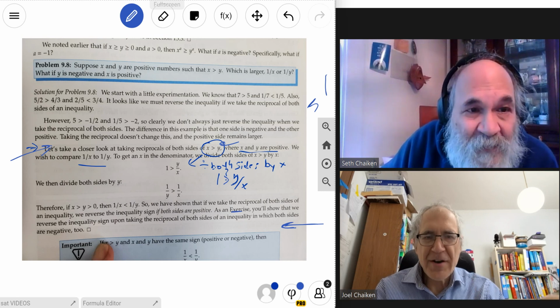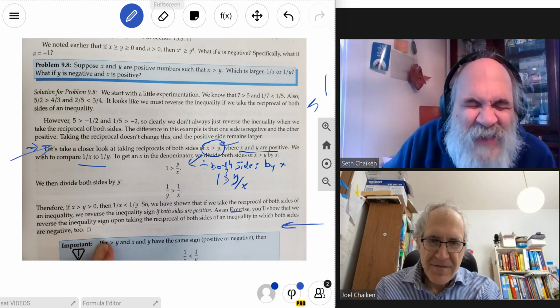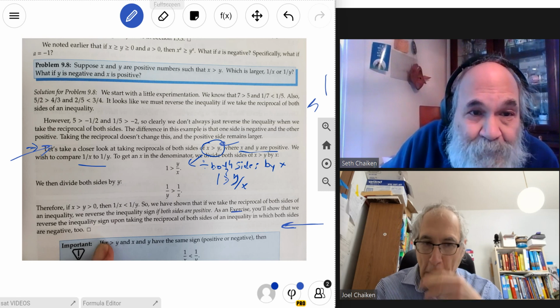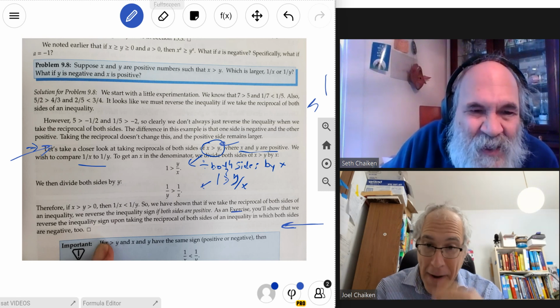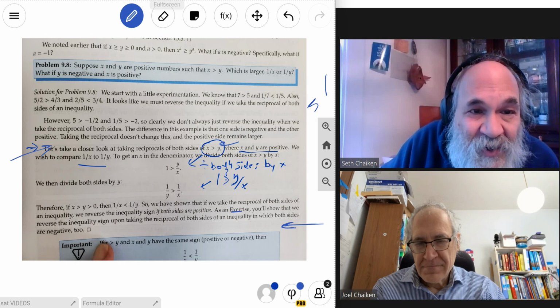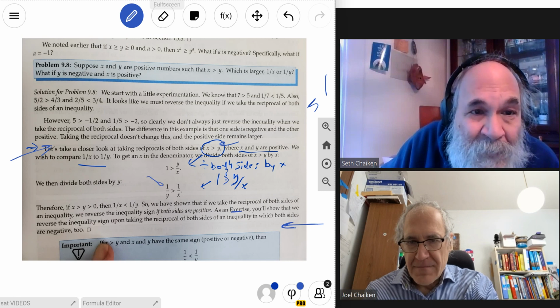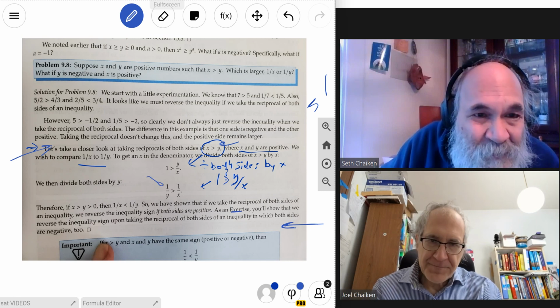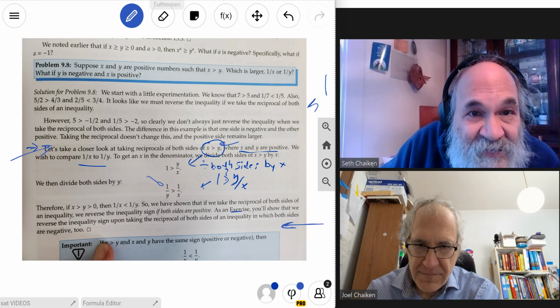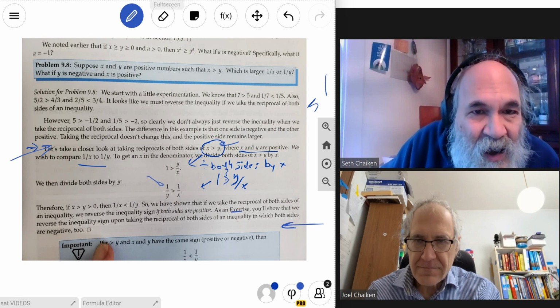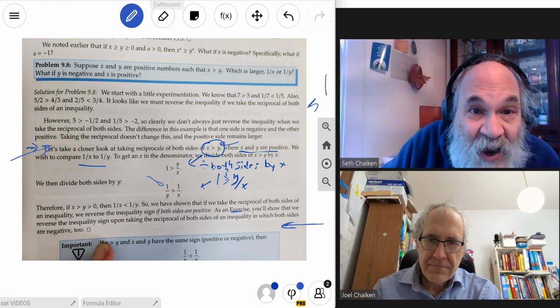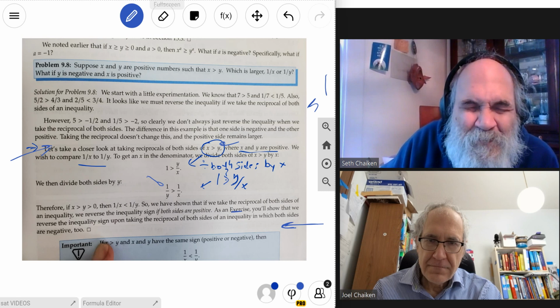Okay, moving on. Then they do the same strategy by dividing it by y. And you get that, which demonstrates the reciprocal of y is greater than the reciprocal of x, so the answer is which is larger, 1 over y. Okay, good.